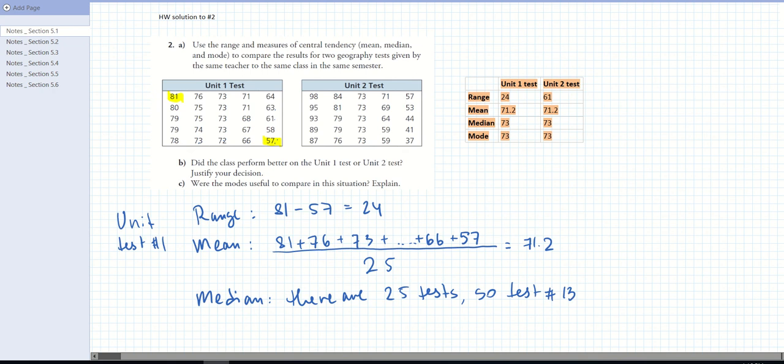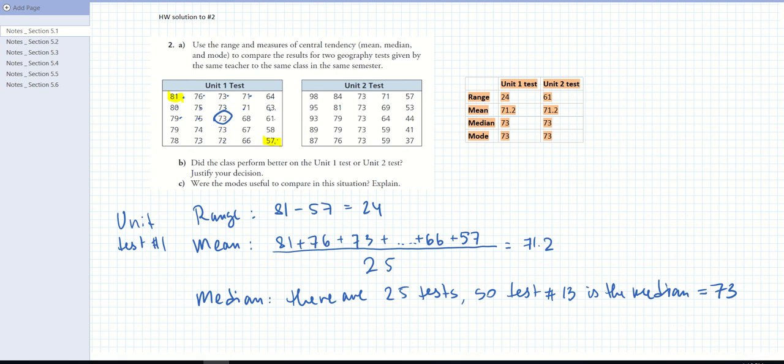So test number 13 is the median, the middle one. The 13th test is going to be 1, 2, 3, 4, 5, 6, 7, 8, 9, 10, 11, 12, 13. So 73 is the median. Again, it's the test that's in the middle. Because there are 25 tests, the middle number is number 13, and you count from either the largest or the lowest. So 73 for the median.